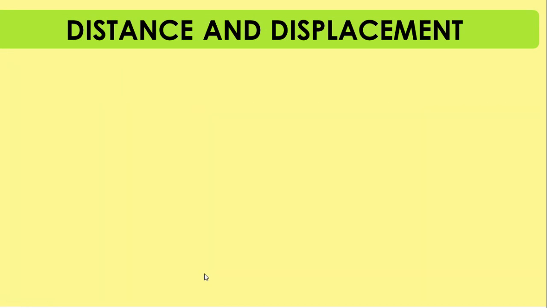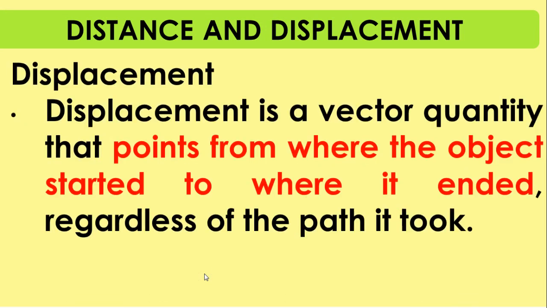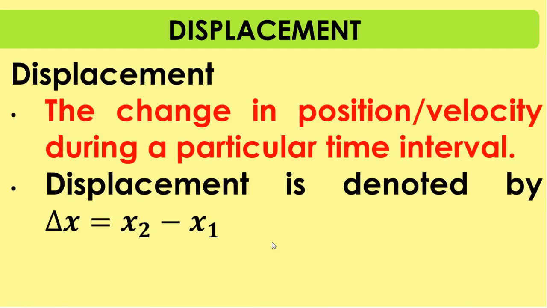Now, for its counterpart, when it comes to vector quantity, we have displacement. Displacement signifies the points from where the object started to where it ended, regardless of the path it took. Now, displacement is also the change in position during a particular time interval.